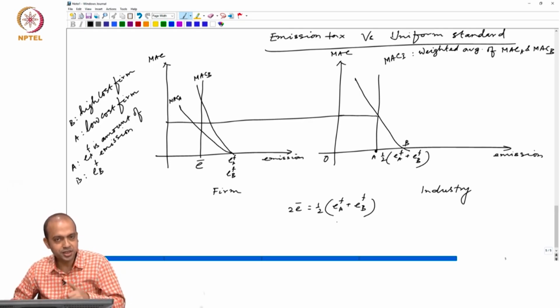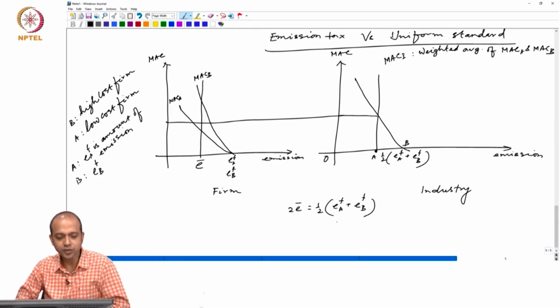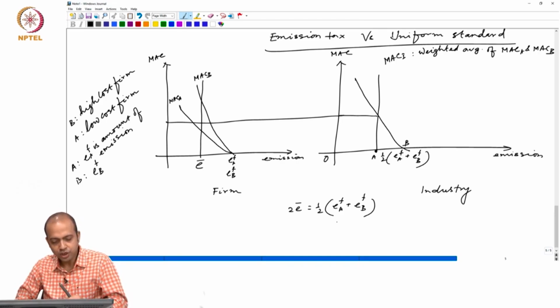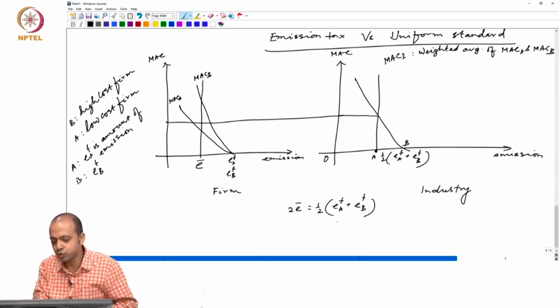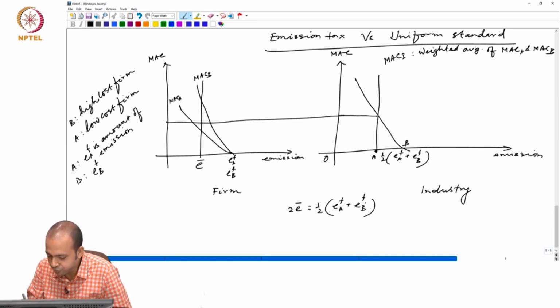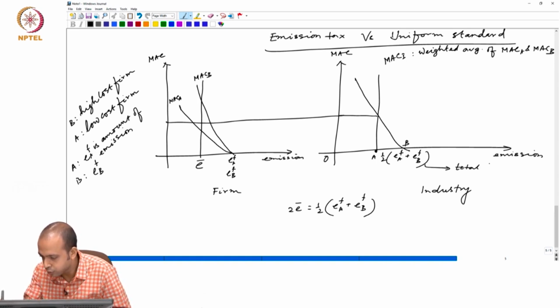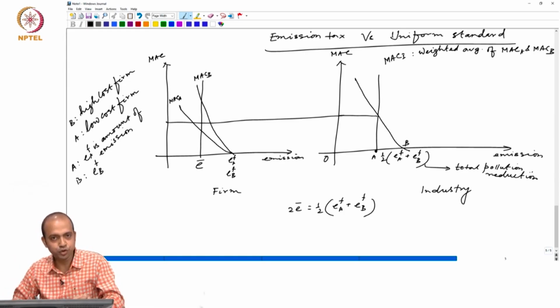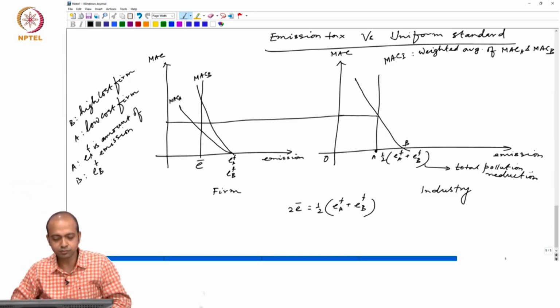So, the regulator is asking both the firms A and B to reduce their pollution by amount E bar. Is that clear? If I take twice E bar, then this is the total amount of pollution reduction, which is achieved by imposing uniform standard E bar.